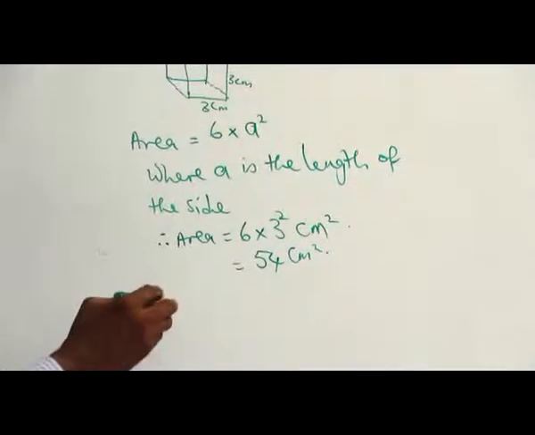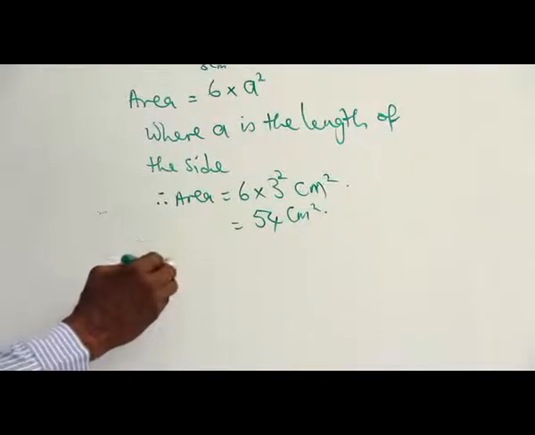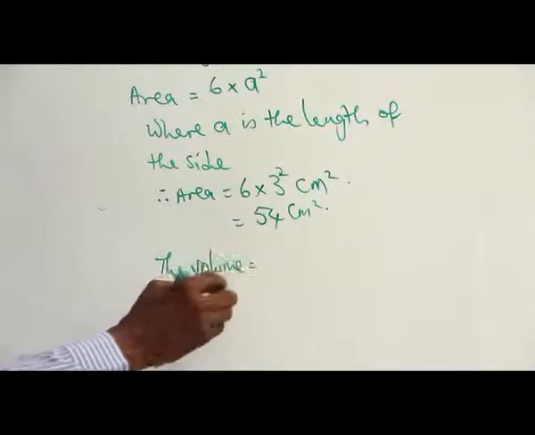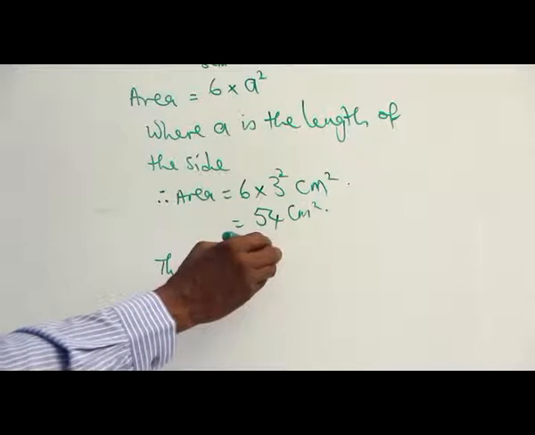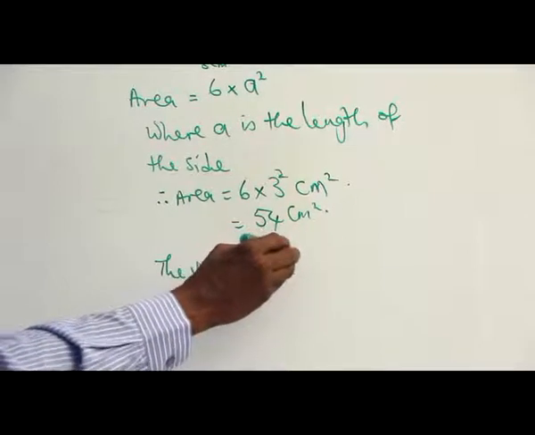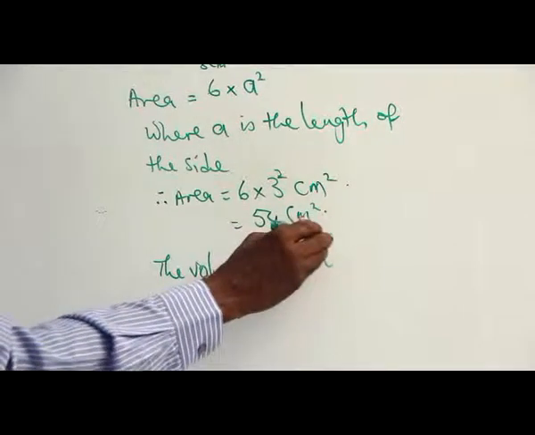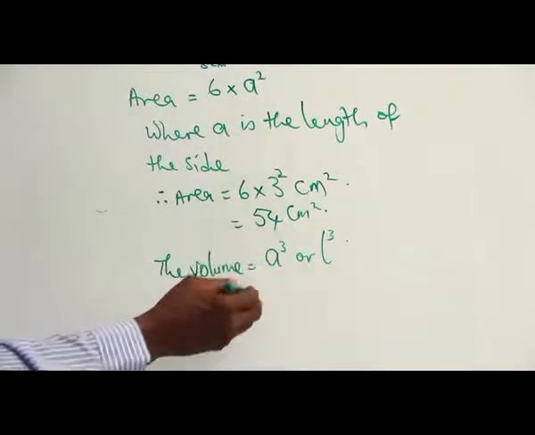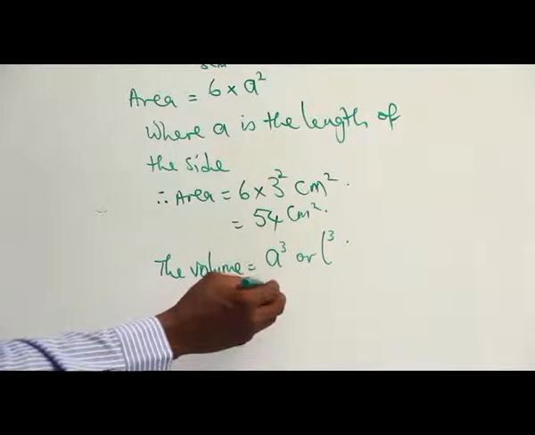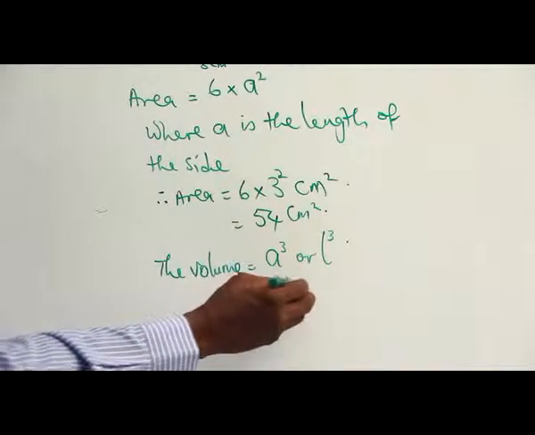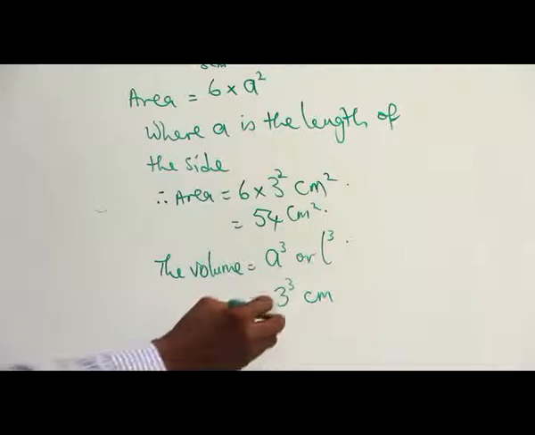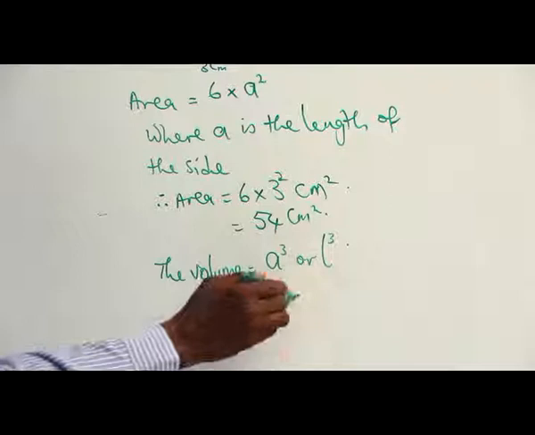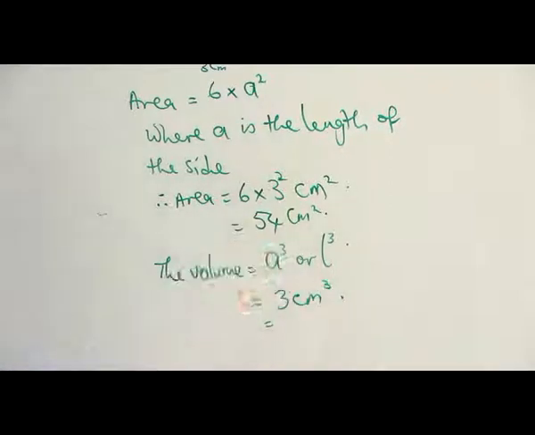Now, the volume is given as A cubed, or L cubed. We'll define the meaning of A, and this will give us 3 cubed centimeters, that is 3 centimeters times 3 centimeters times 3 centimeters.